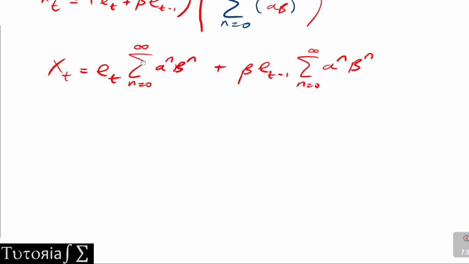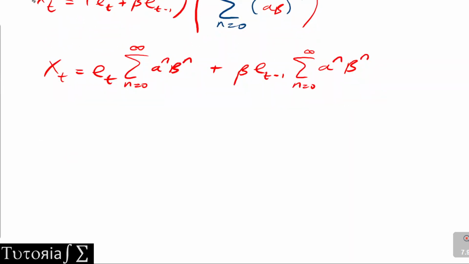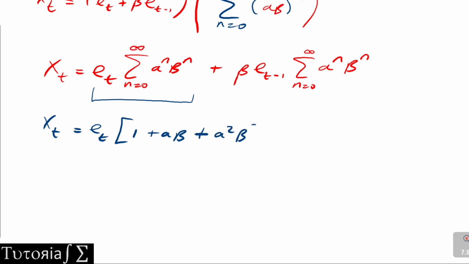These can be expanded individually. We start with this part. So xt will be equal to et, then we expand the inside. When n is 0, this will be a to the power 0, b to the power 0, which is 1. When n is 1, plus a to the power 1, b to the power 1. When n is 2, plus a to the power 2, b to the power 2.